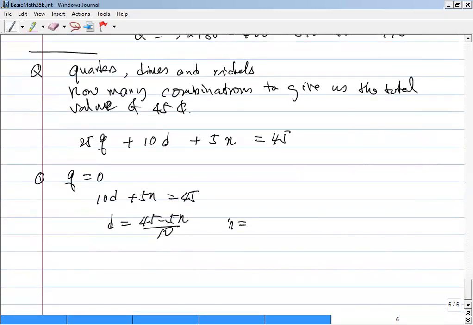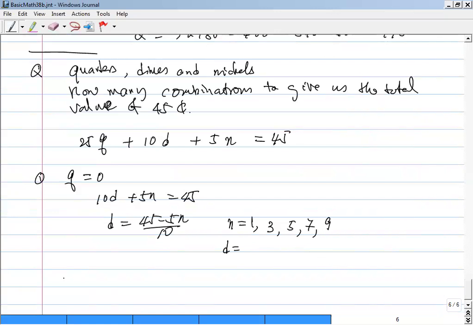When n is 1, you get 40. If n is 2 it's impossible. n must be odd: 1, 3, 5, 7, and 9. Otherwise it's not divisible by 10, so you only have those few choices.